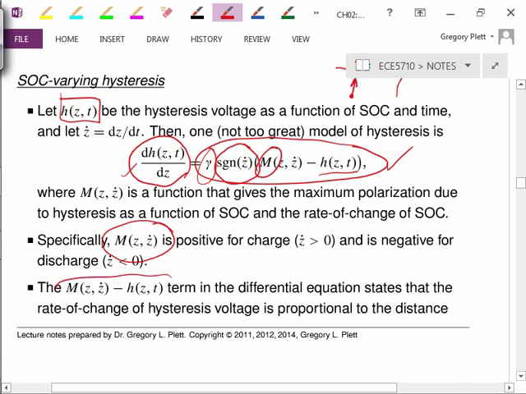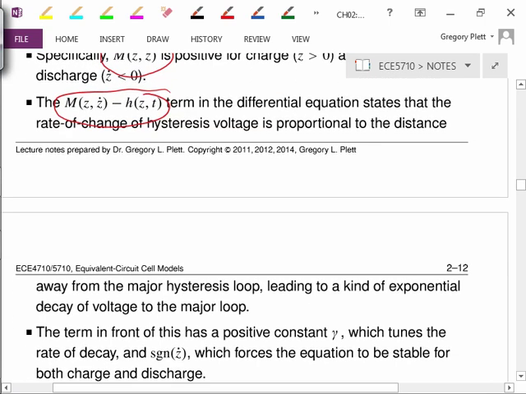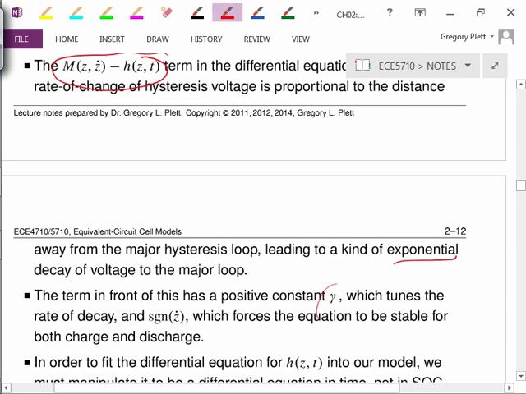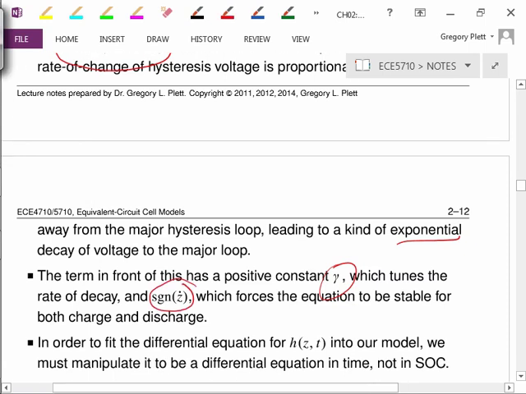So again, in the equation, M minus h says that the rate of change of hysteresis voltage is proportional to the distance away from this major loop, and that gives us a kind of exponential decay. Gamma says how quickly, relative to a change in state of charge, the hysteresis converges, and sine of z dot forces the equation to be stable.